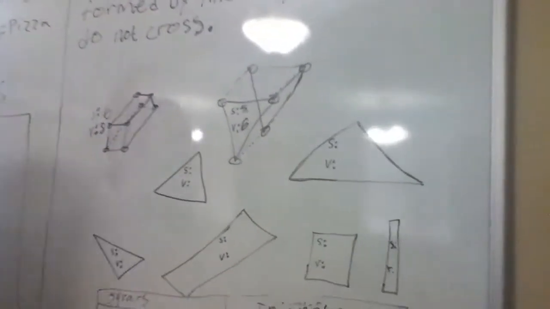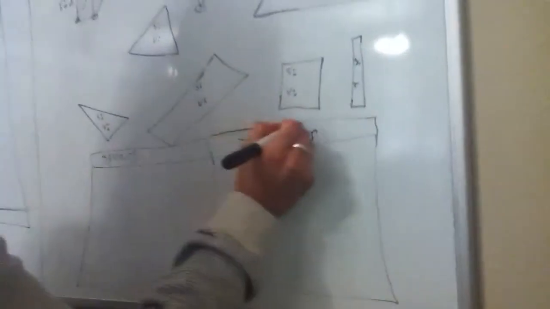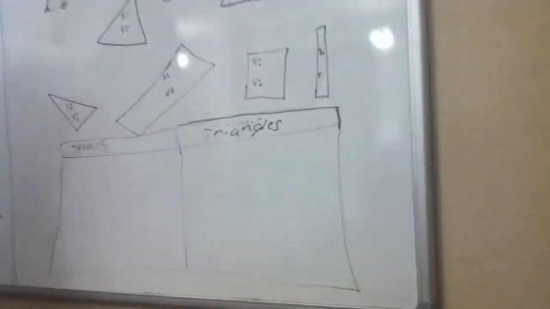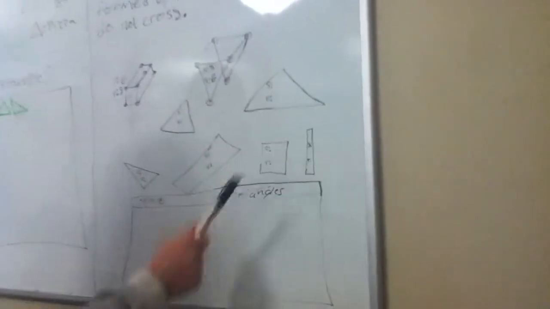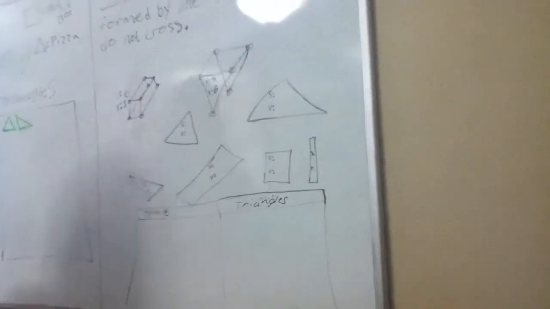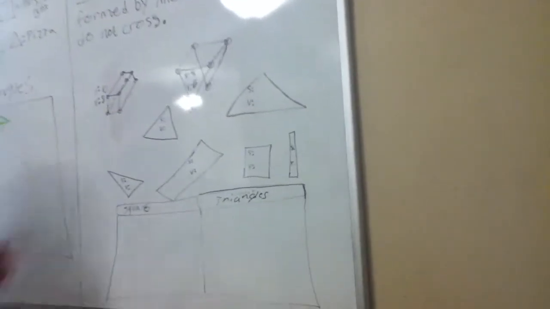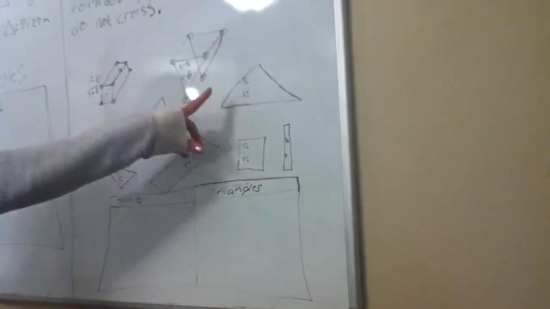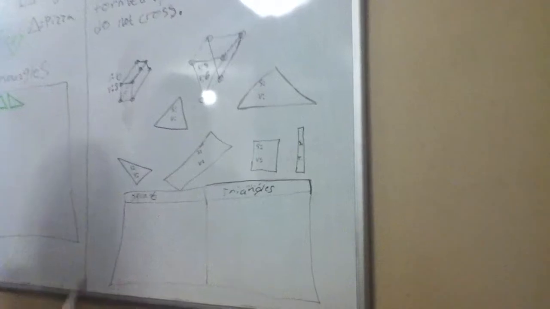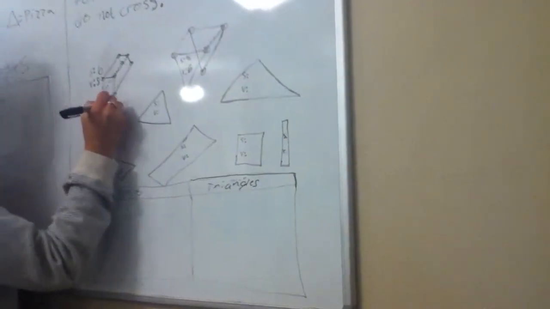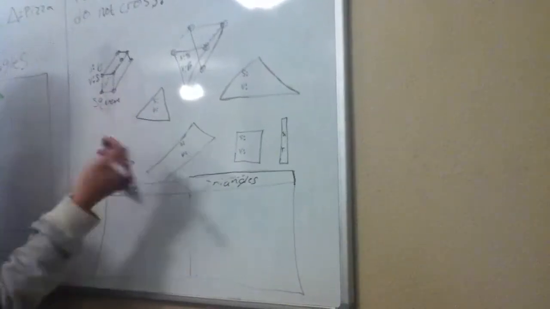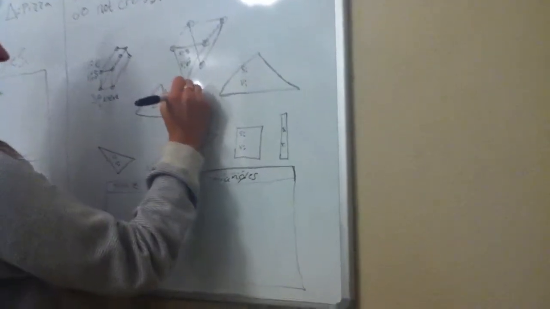Now, with this little chart, we would sort which shapes are the squares and which shapes are the triangles. The students at this level would be able to name the shapes that are the squares and the ones that are the triangles. So I would ask them, what is this? They would say it's a square, so I would write square under there. Then they would say this is a triangle.